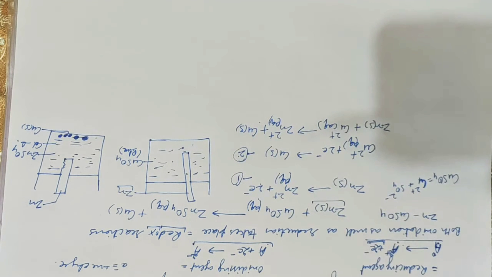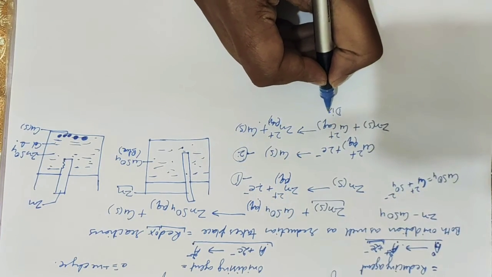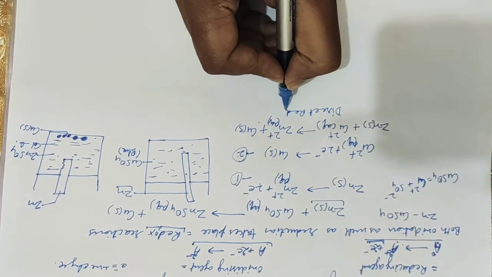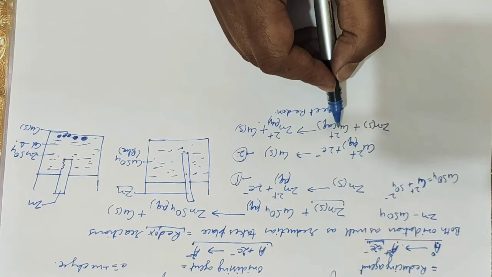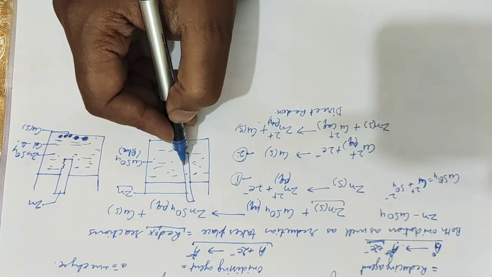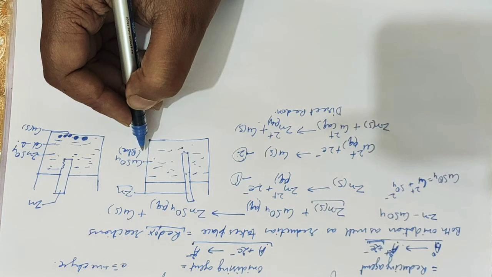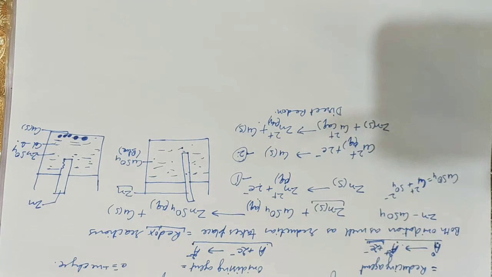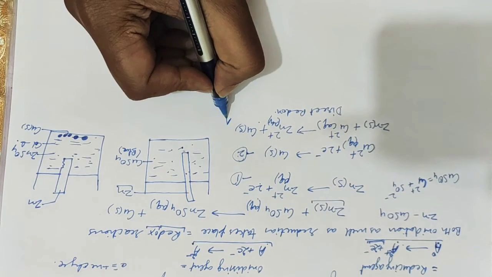So in this reaction electrons are directly transferred from zinc metal to copper 2 positive ion, hence it is called a direct redox reaction. It is a direct redox reaction because electrons are directly transferred in this solution from the zinc rod to the copper. Further, this reaction is exothermic, that is delta H is negative.